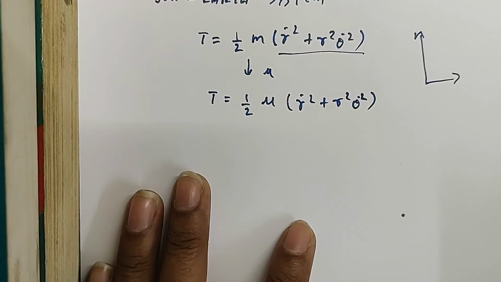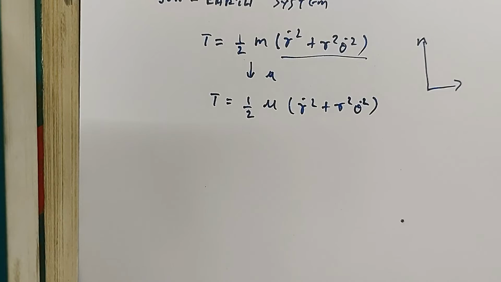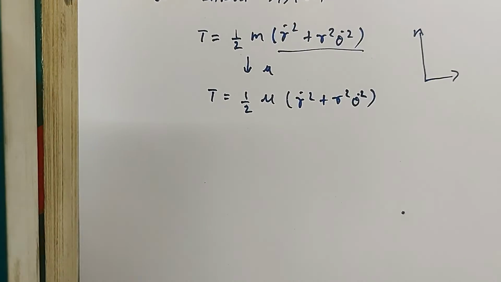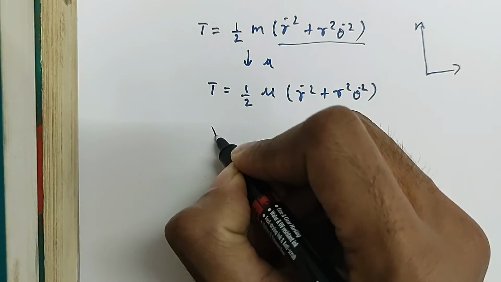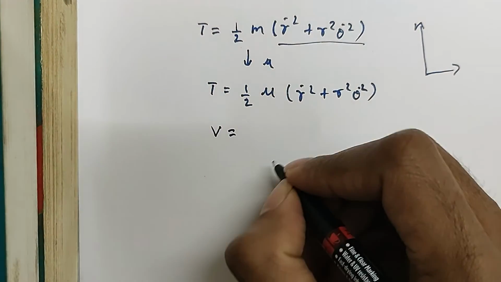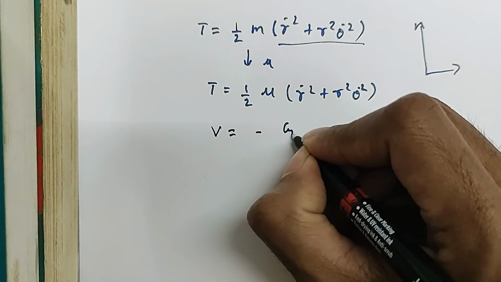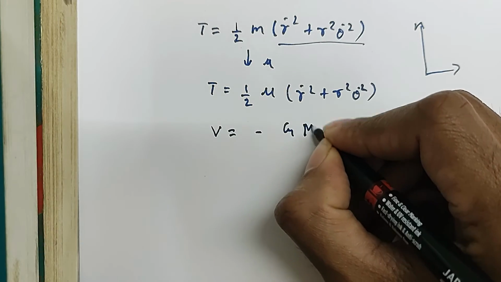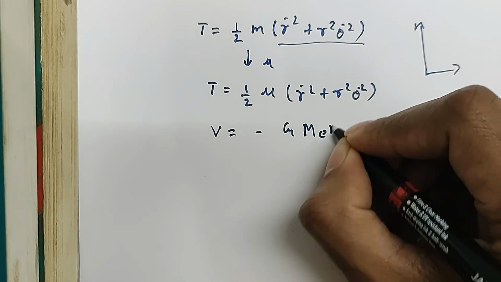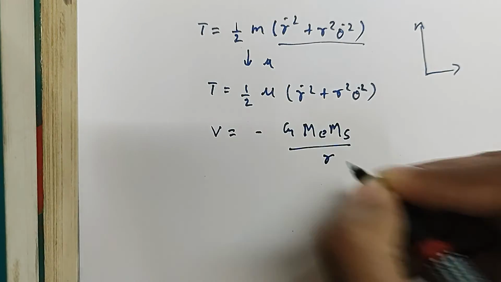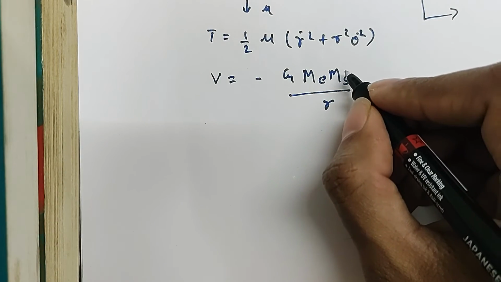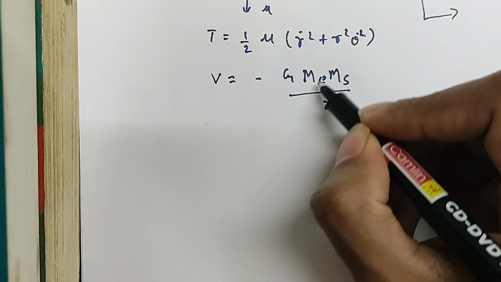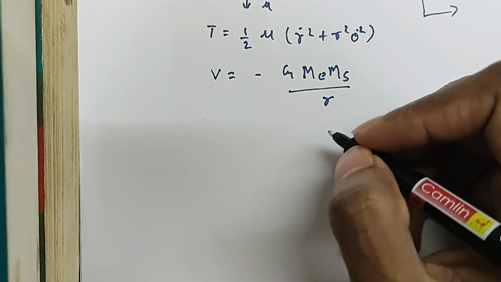This is a consequence of the conservation of angular momentum, and we will see how this happens. So my kinetic energy is this. My potential energy is given by this particular formula, minus G m_s m_e upon r, where m_s stands for the mass of the sun and m_e stands for the mass of the earth.